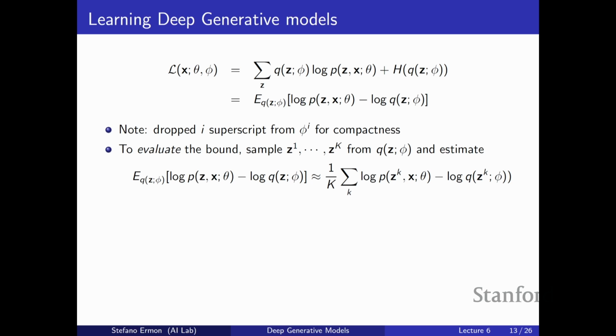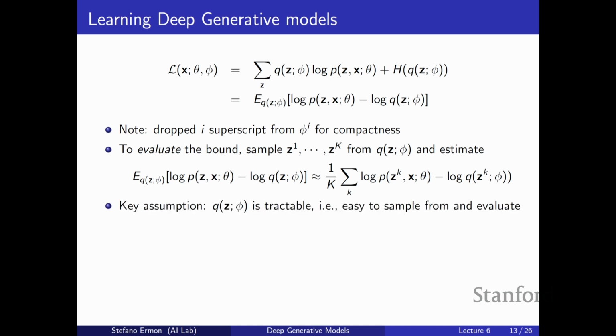The usual trick: an expectation with respect to Q is approximately equal to the sample average if you sample the latent variables according to this proposal distribution Q. And as usual, the larger capital K is, the more accurate this approximation is going to be. In practice, when you train a VAE, you probably choose K equals 1 and just use a single sample. But in general, you could use more if you wanted more accurate estimates of the expectation.